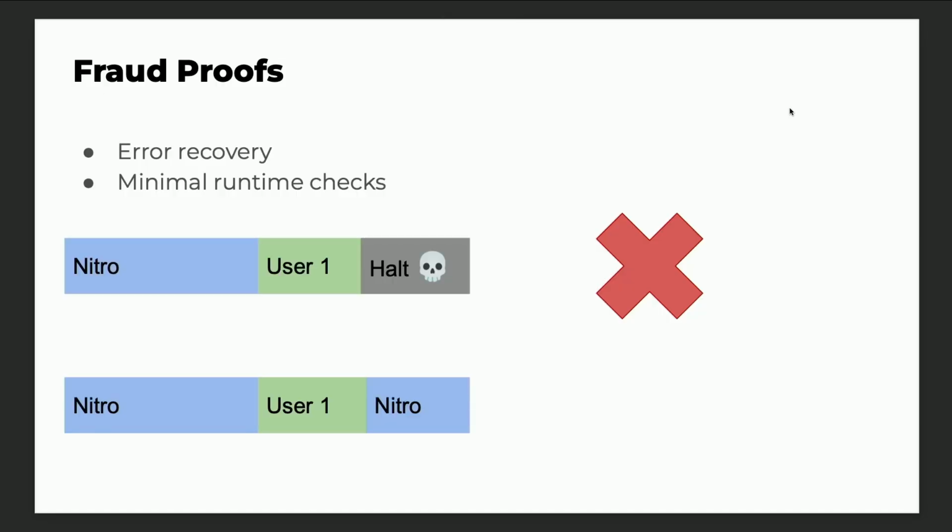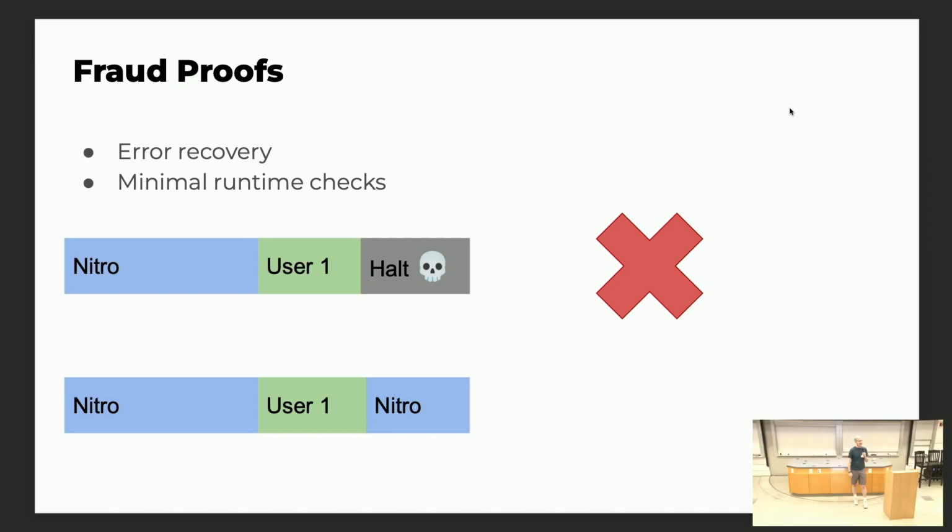Similarly, if there is an error, let's say a divide by 0 inside of that untrusted code, we need to make sure the right thing happens. We can't just have the whole VM or the whole state transition function just fault. So we need to catch that, and we need to properly transition back into the controlled code. We have to take care with that. And what does that mean?